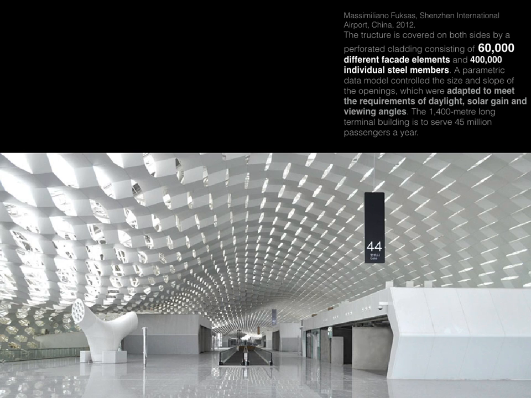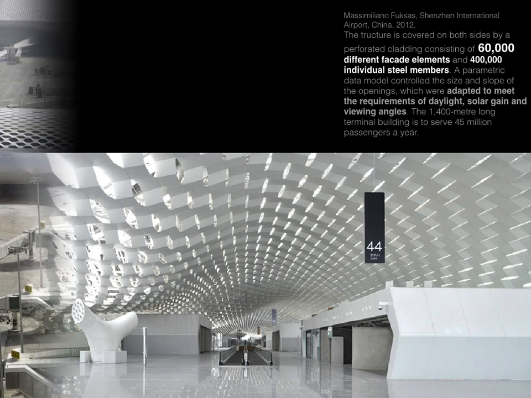So here a parametric data model was used to control the size and slope of openings, and the openings and perforations in this building were also conceived to control daylight, viewing angles and solar gain. This is a huge project.